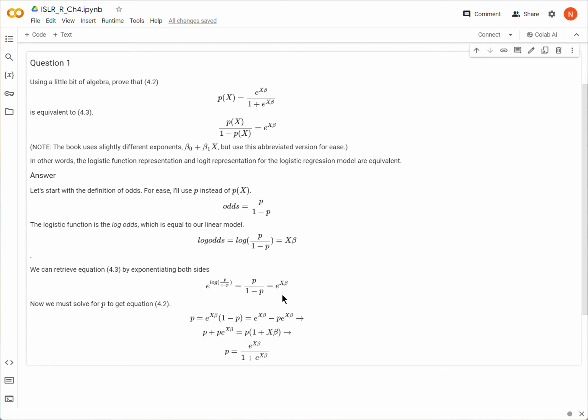And so this is actually equation 4.3, and then with the algebra here, we can back solve for p, and so I'll let you step through that all by yourself. But in the end, we get that p, or p of x, right, is this stuff here. Well, this is equation 4.2. Okay, that's it for this one.